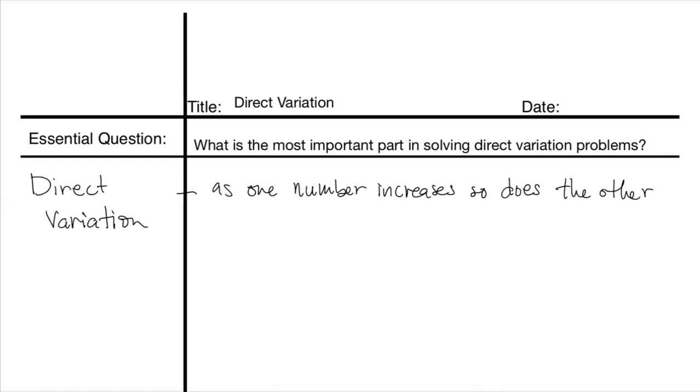They're directly related. Or you could also say it decreases as the other decreases. So as one number increases, so does the other, or it decreases as the other decreases. So they either both go up together or they both go down together.